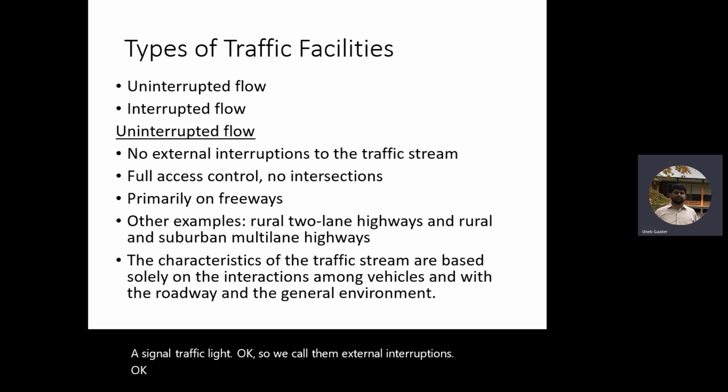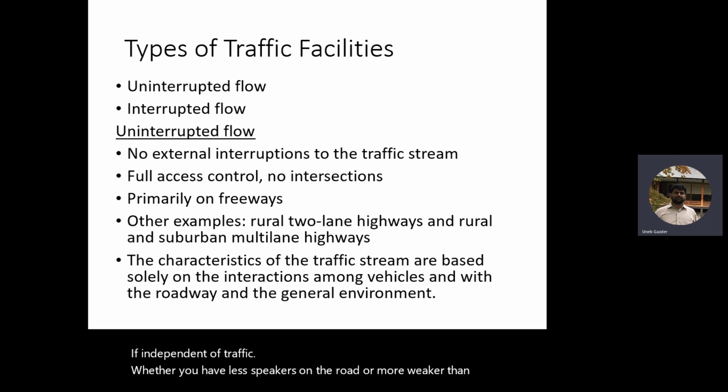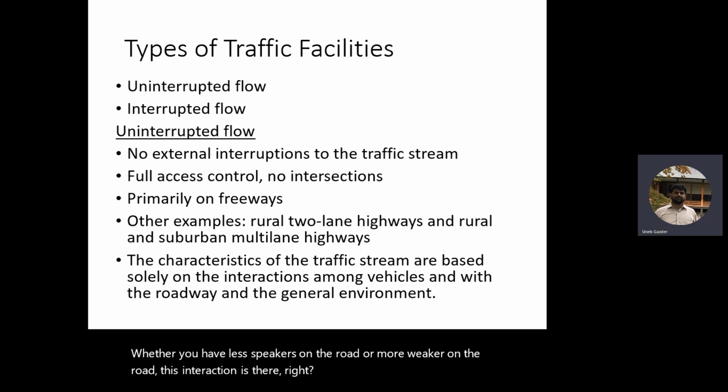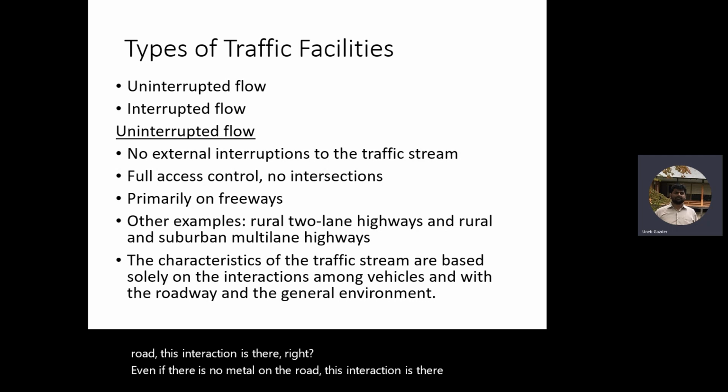Okay. Because this interruption is independent of traffic. Whether you have less vehicles on the road or more vehicles on the road, this interruption is there, right? Even if there is no vehicle on the road, this interruption is there. So we call it external interruption.